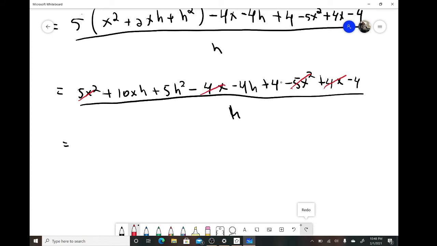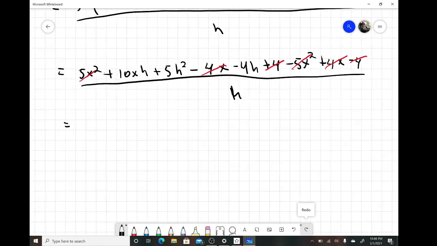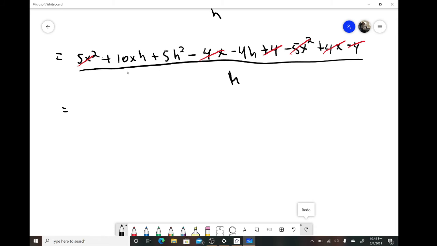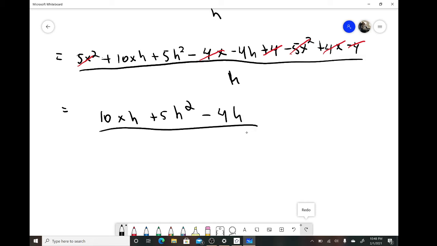Now I have a plus 4 and a minus 4. They also cancel out. And what I'm left with is a bunch of things involving h. So I'm left with 10xh plus 5h squared minus 4h in the numerator. And in the denominator, I'm left with just h.